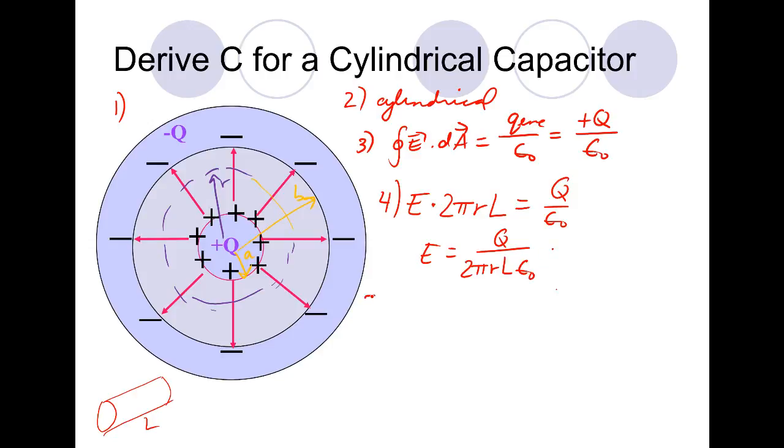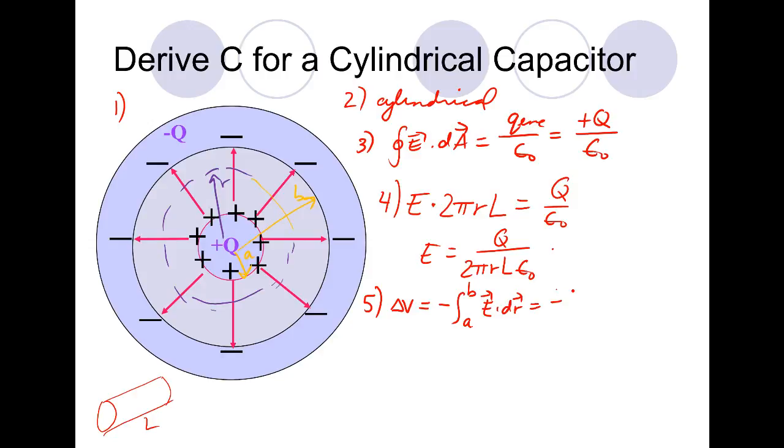Okay, now we calculate the voltage. So the change in potential is negative integral. Now we can only go from A to B because otherwise our field will be 0, of E dot dr. Now this one's a little bit trickier, because we have a 1 over r for our field.